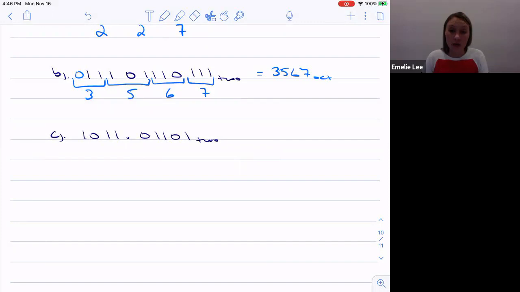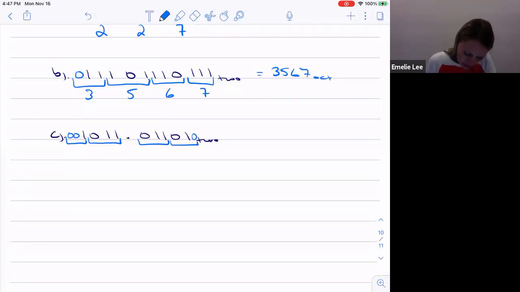Now I've got a decimal, so my groups of 3 move out from the decimal on either side, adding leading and trailing zeros as needed.